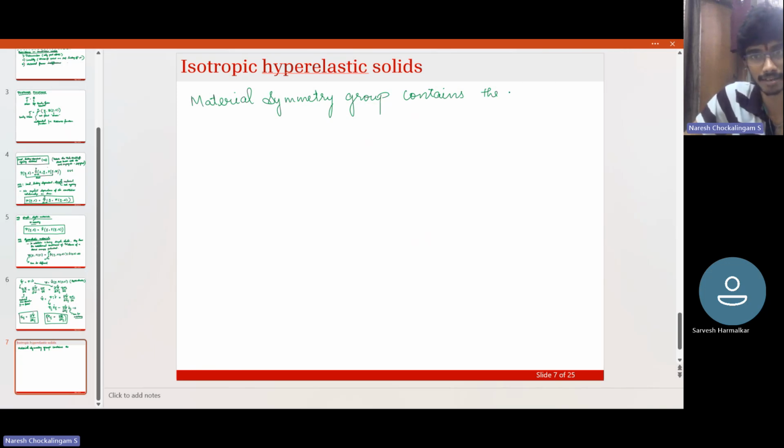That is, contains the entire set of them. So let me define what is a material symmetry group. So a material symmetry group is a group.